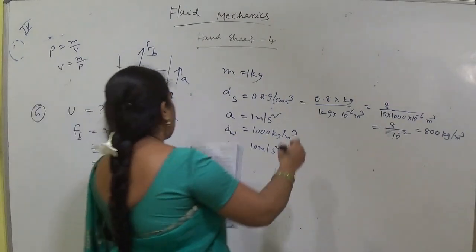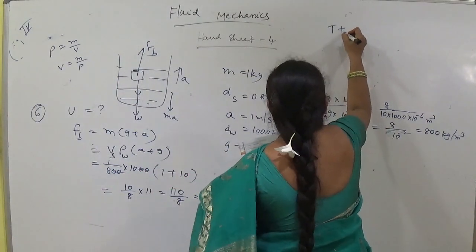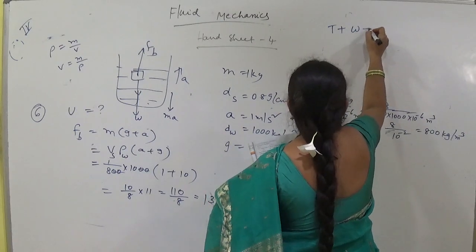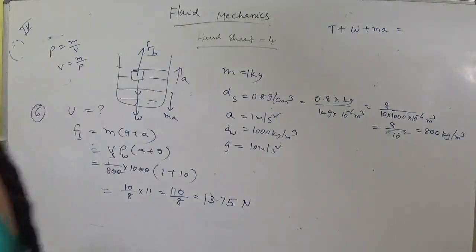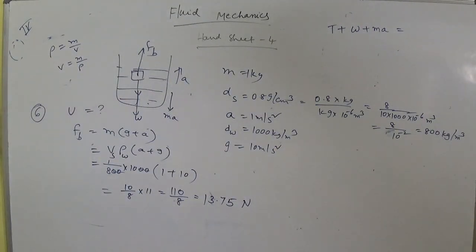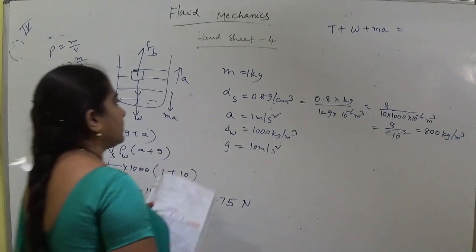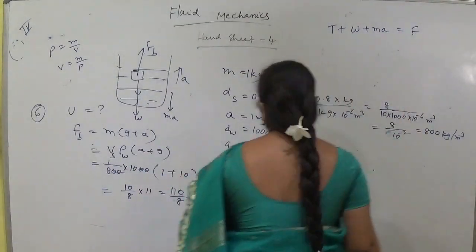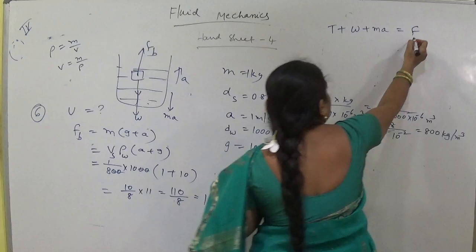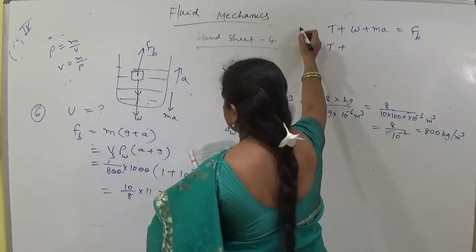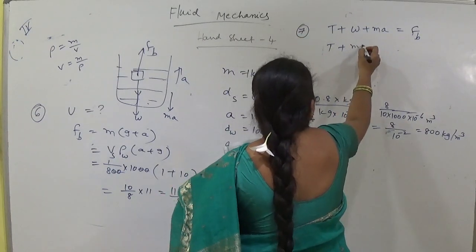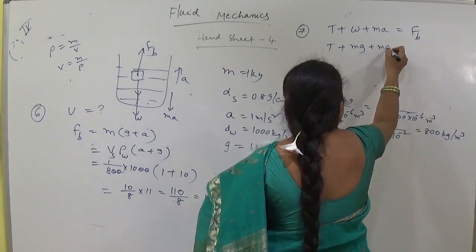So T plus W plus MA is equal to FB. T plus mg plus ma is equal to FB.